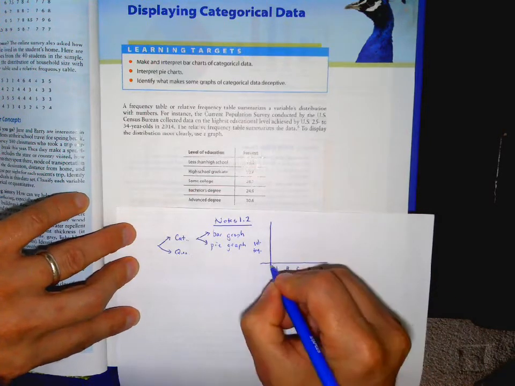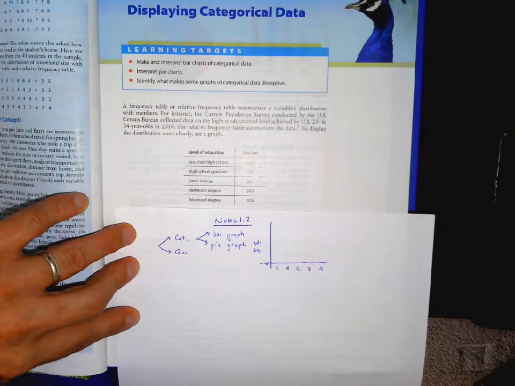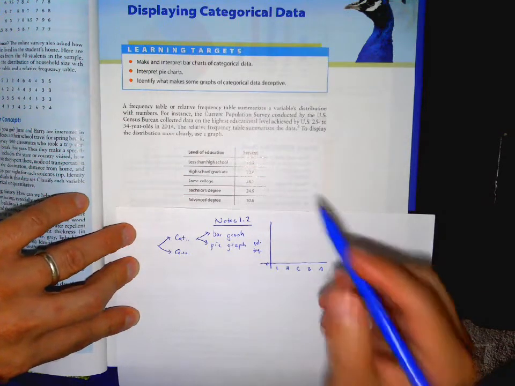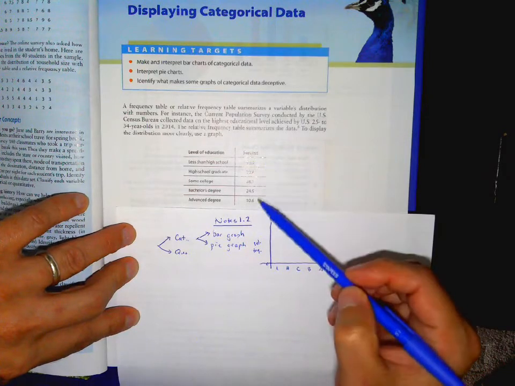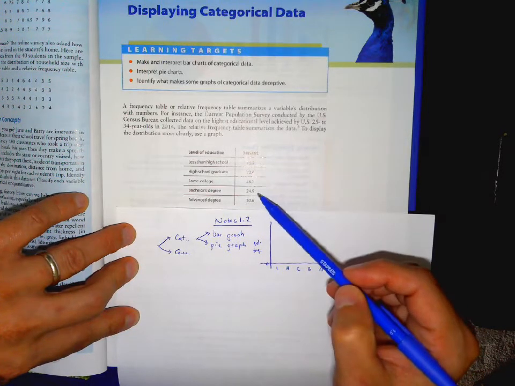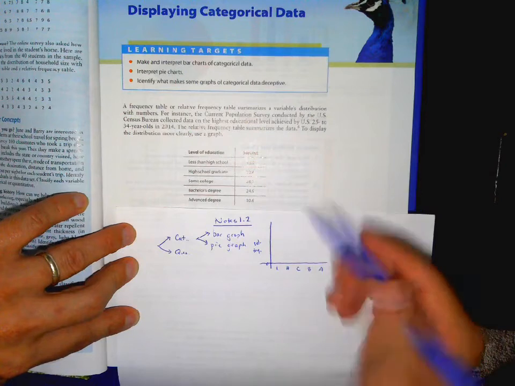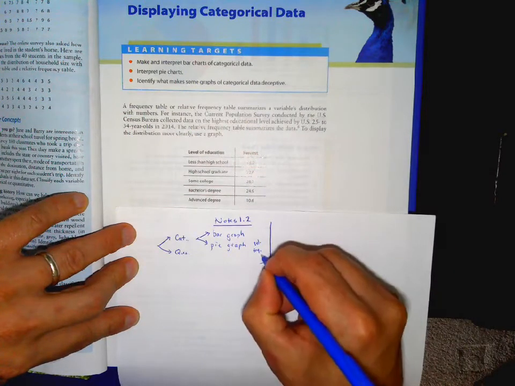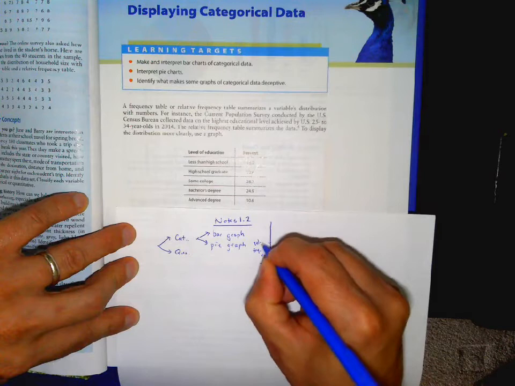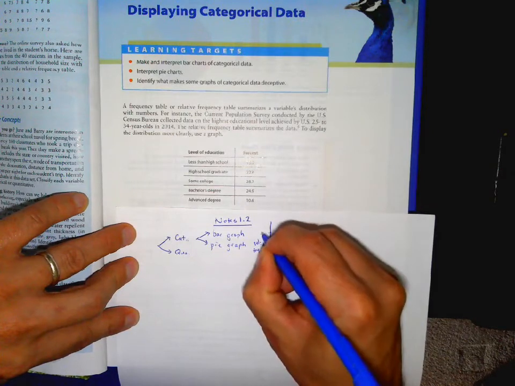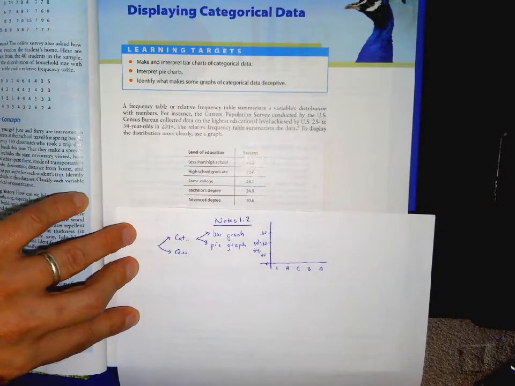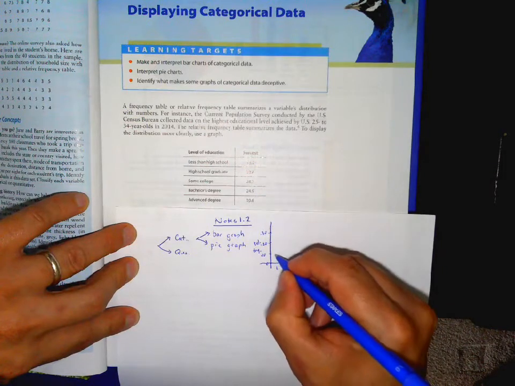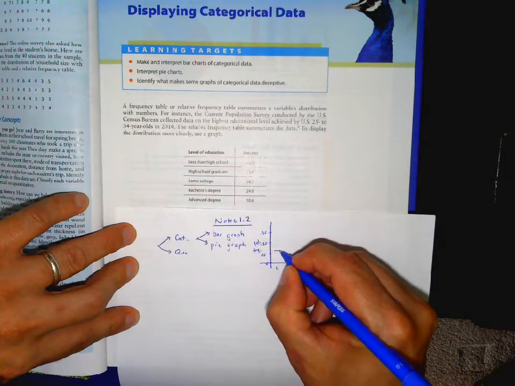Now, with your relative frequency, you always want to start at 0. If you don't start at 0, it's going to skew it a bit. Then if you look at our data here, it goes up to 28%, so I'm just going to go by 10%: 10%, 20%, 30%. So this is 13.2, about right there.